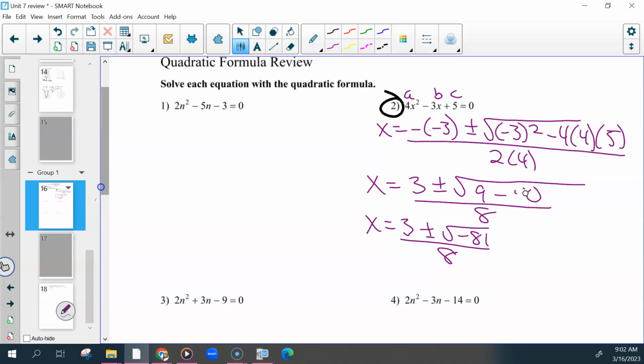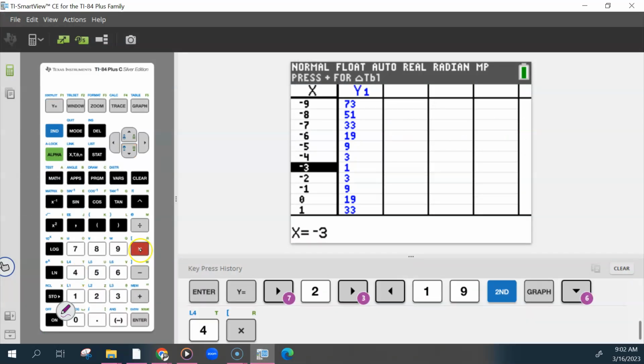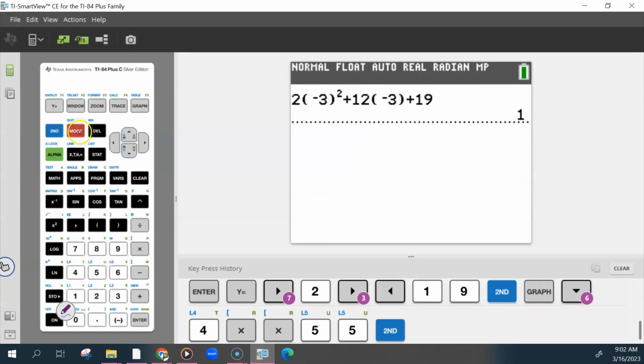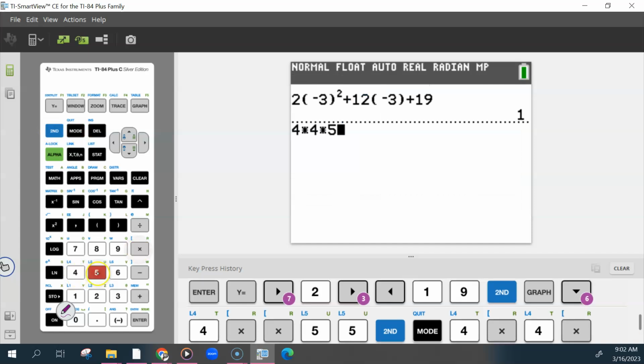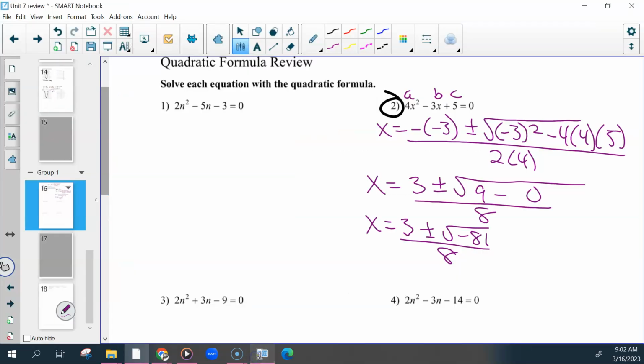Okay. But still negative. So it's 71. When we have a negative underneath the square root, what happens? It's no solution. We don't keep solving. We cannot keep solving. That is it.